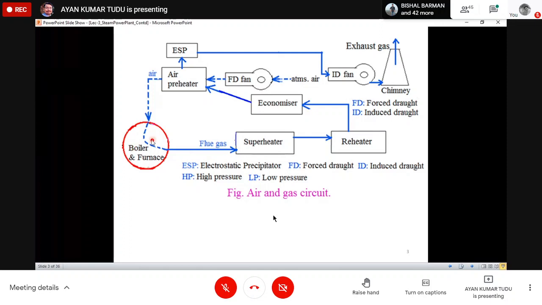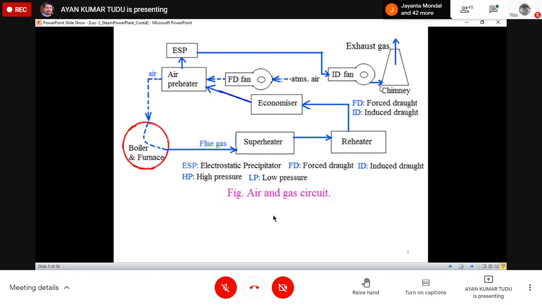The resulting hot gases are known as the flue gas. The flue gas passes over the water tubes in the boiler, then the superheater tubes, the reheater, the economizer, and the air preheater, and finally goes to the chimney after passing through the electrostatic precipitator, which is nothing but the dust collecting device.